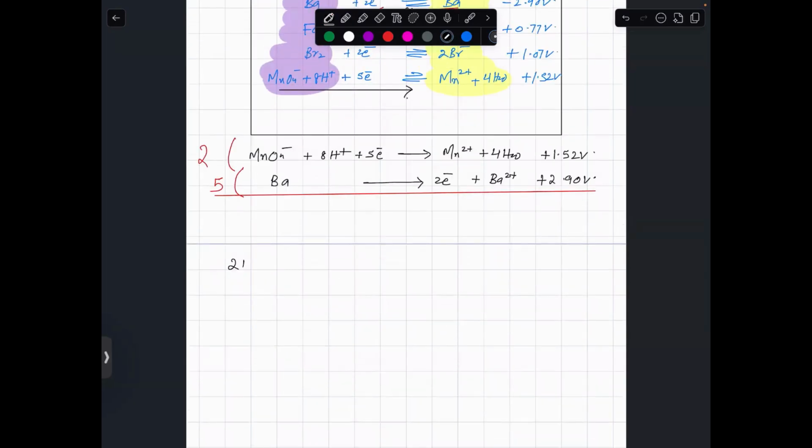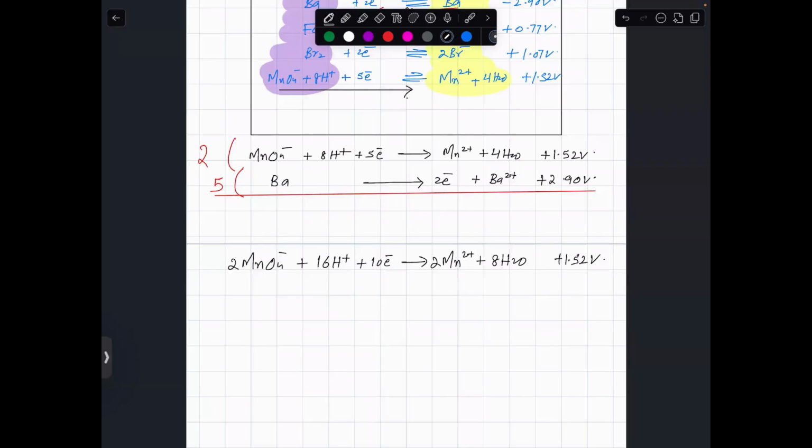This is 2 MnO4 plus, 2 times 8 is 16H plus, 2 times 5 is 10 electrons, making 2Mn2 plus, 8 water. You will not multiply the E naught value. I will tell you why.